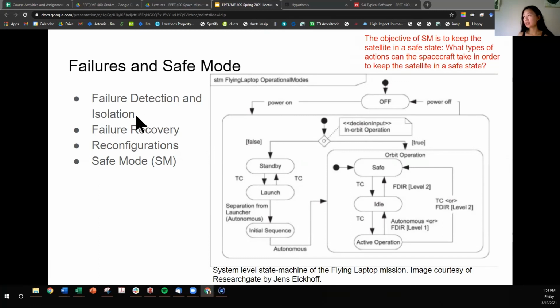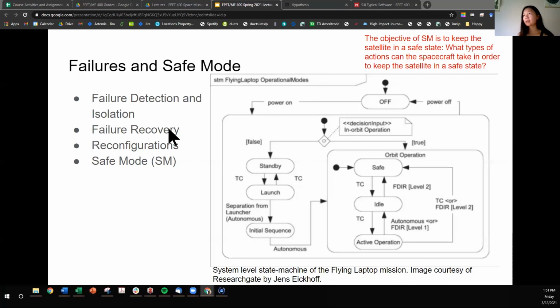So failure detection and isolation is within any one of your modes, you sense that something is wrong. That usually comes up in the form of if your current draw is above or below what you expect for normal operations, then you exit that mode and you go into a failure detection and isolation mode that does something similar to checkouts, but instead of just ensuring that things are going well, you report something that doesn't go well.